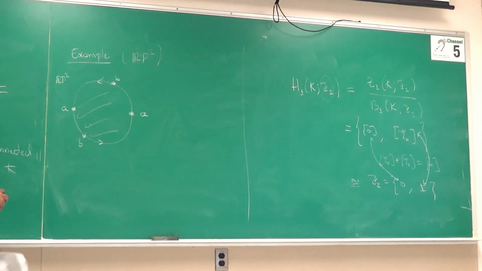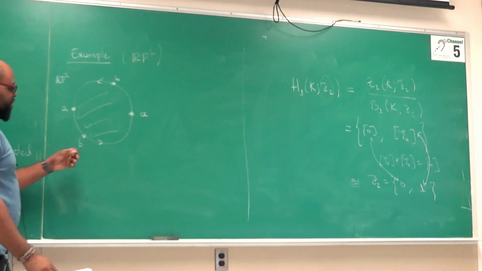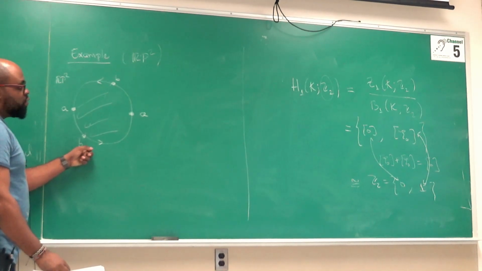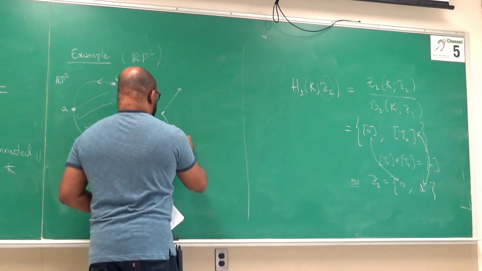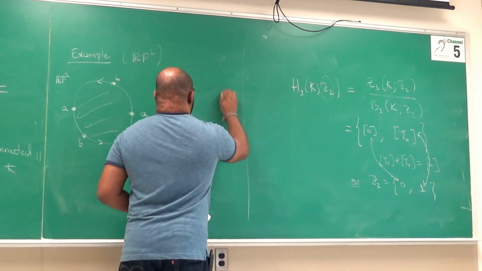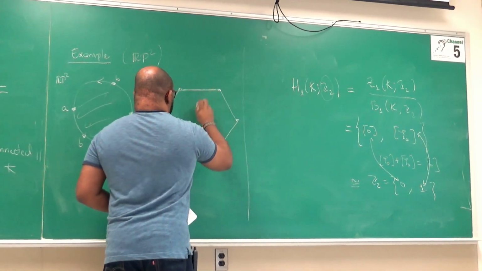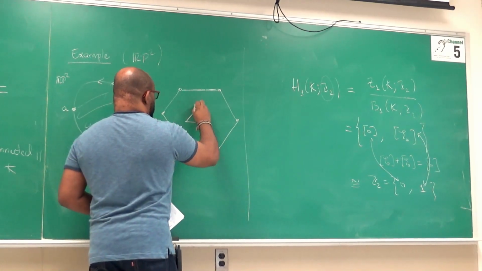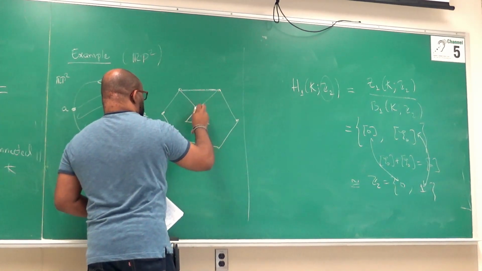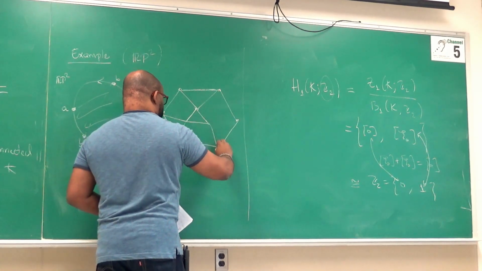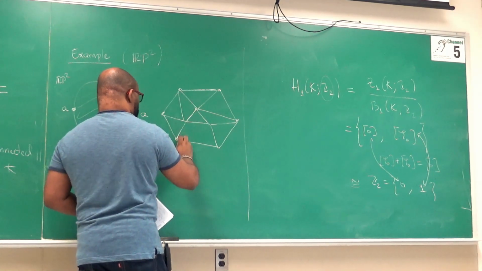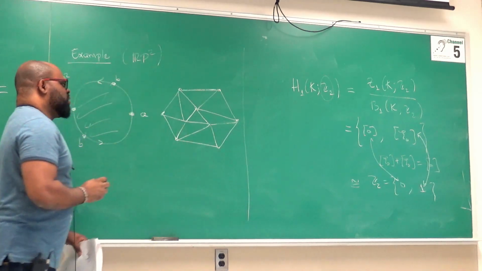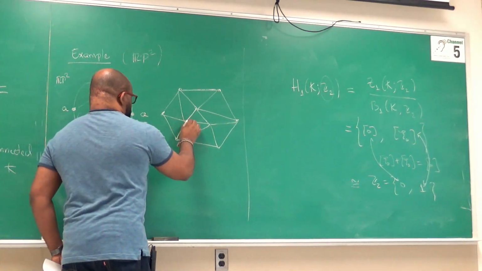And then one way to triangulate RP2 is by taking a hexagon, putting a small triangle in the middle and then dividing it like so.